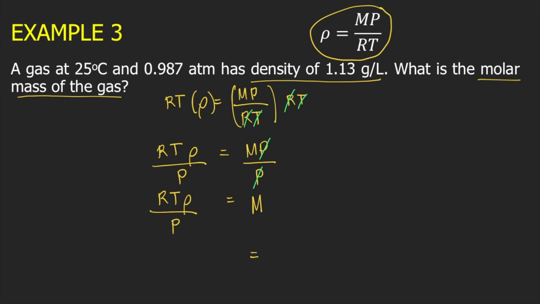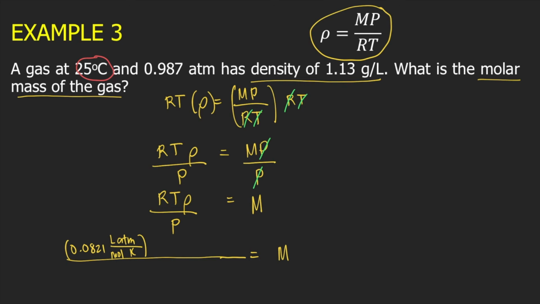So M, or the molar mass, is equal to R. R is 0.0821 liter atmosphere per mole Kelvin. T is the temperature, and it must be in Kelvin. So if you read the problem, the given is 25 degrees Celsius.